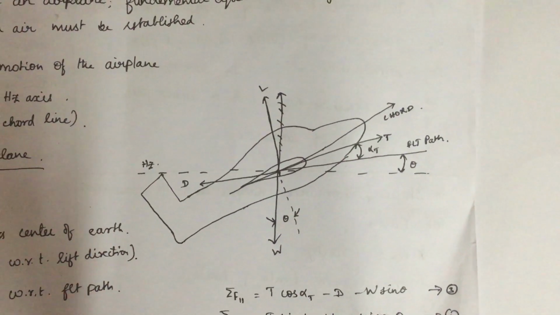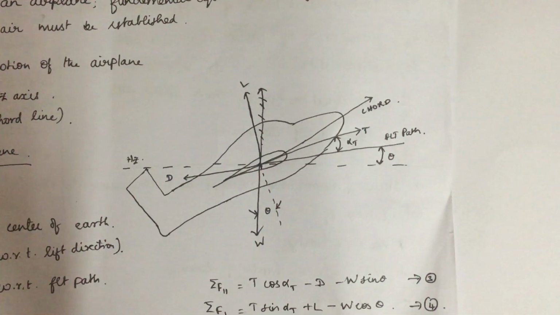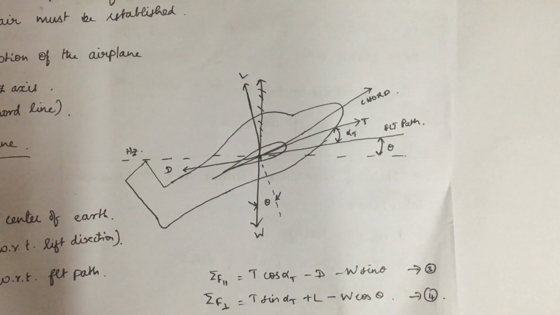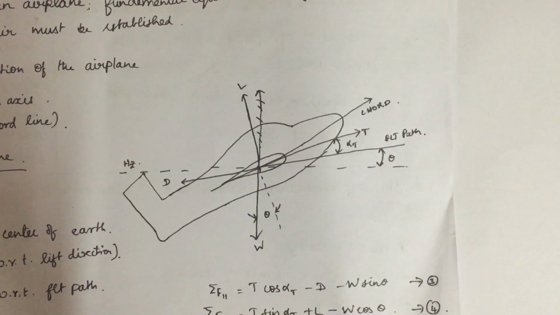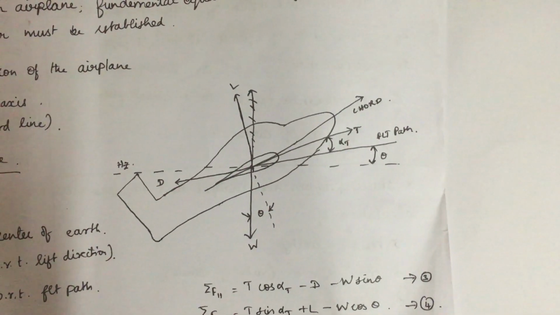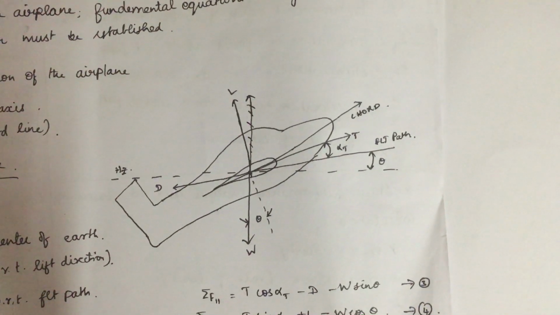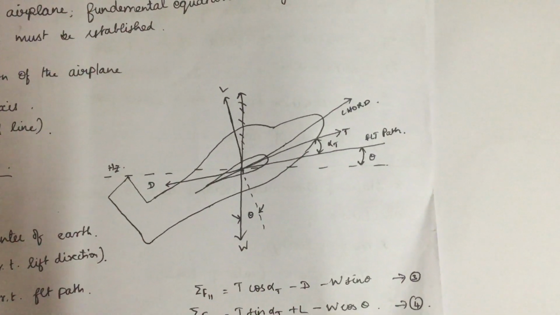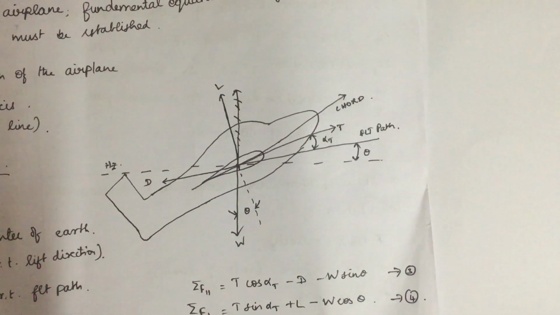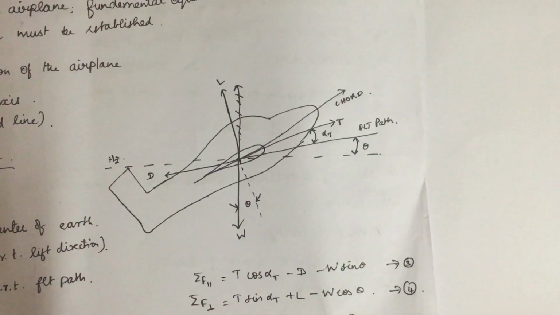Initially draw the horizontal axis, which is the basic thing that we draw, and then draw the airfoil. The first thing that I draw is the leading edge and the trailing edge, so I will be able to mark the chord, followed by which I can imagine the flight path.